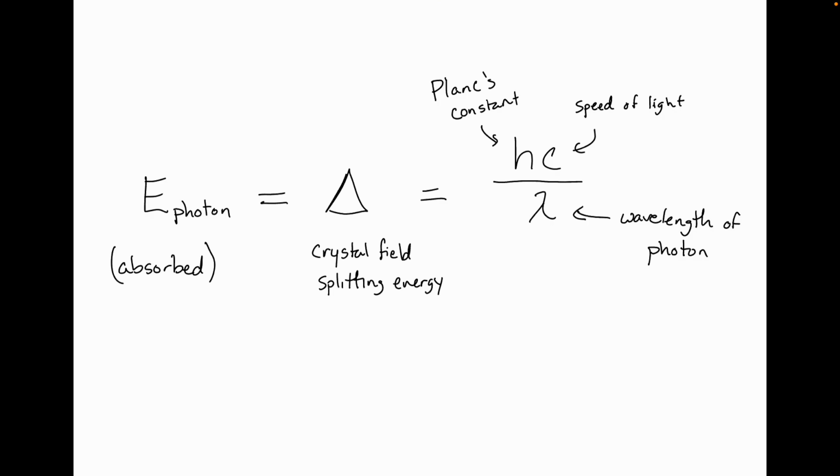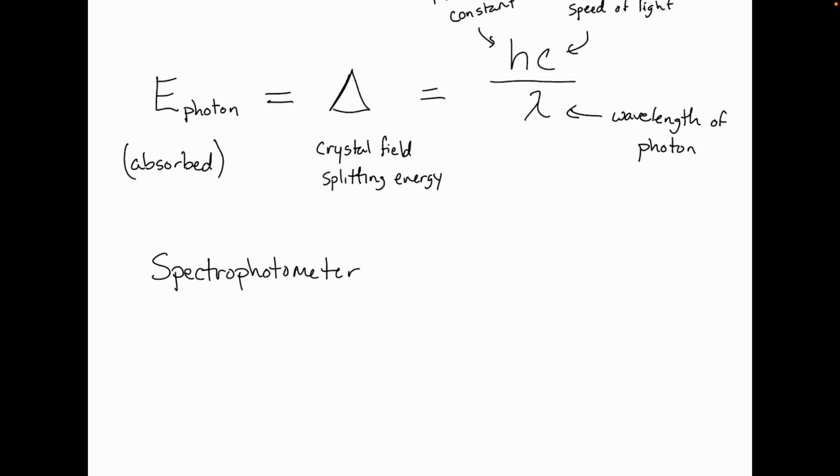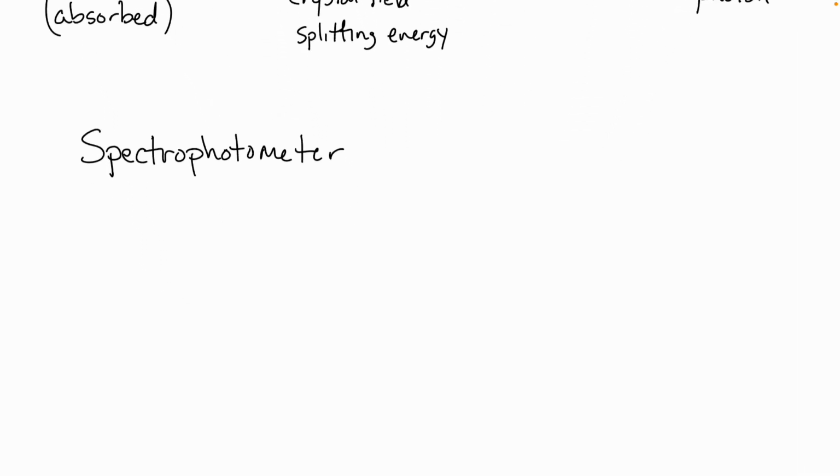All right. So one of these instruments you would have used in lab, I imagine, is what's called a spectrophotometer. Okay. Very simple instrumentation. So how these work is you have this light bulb.